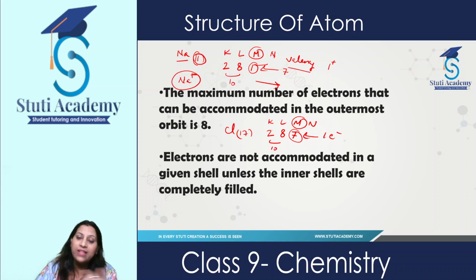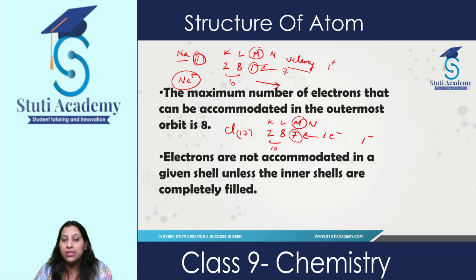So if it gains 1 electron, here it is accepting 1 electron and its valency becomes 1 negative. So this is the valency, this is the combining capacity of chlorine. So here it is accepting 1 electron from its neighboring element to be stable in nature.